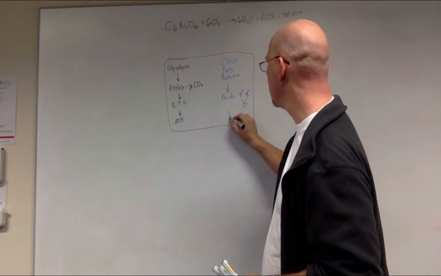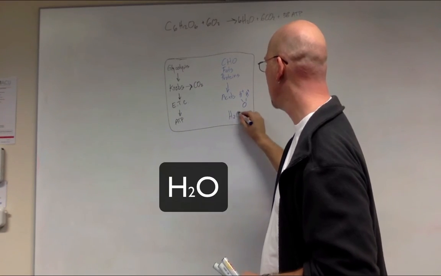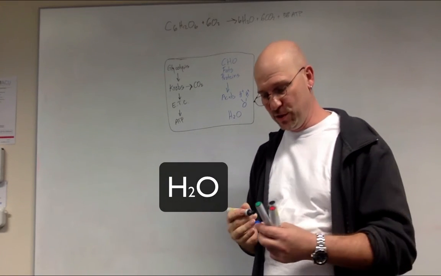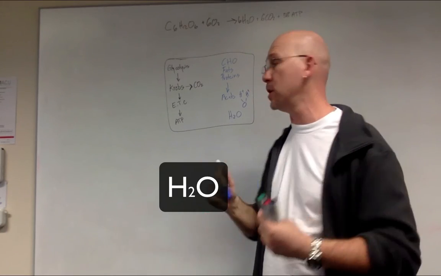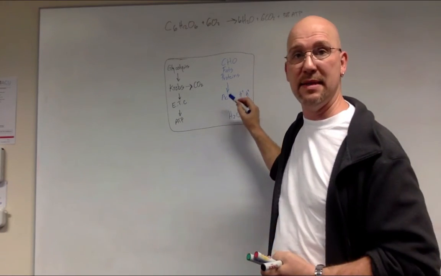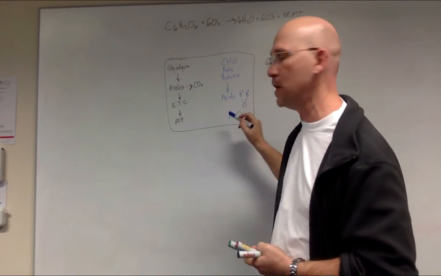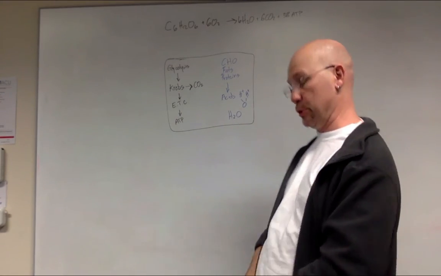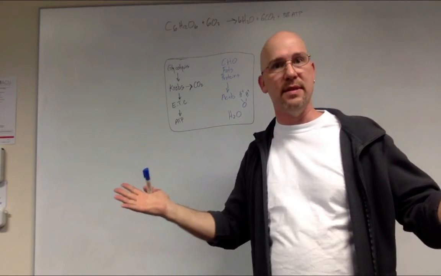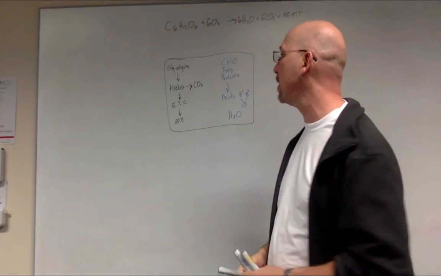And that produces H2O, water. So by breathing in the oxygen, we combine it with this highly dangerous, deadly hydrogen, and we turn it into water and just pee it out. And we've got rid of all this dangerous acid that's inside of our body.